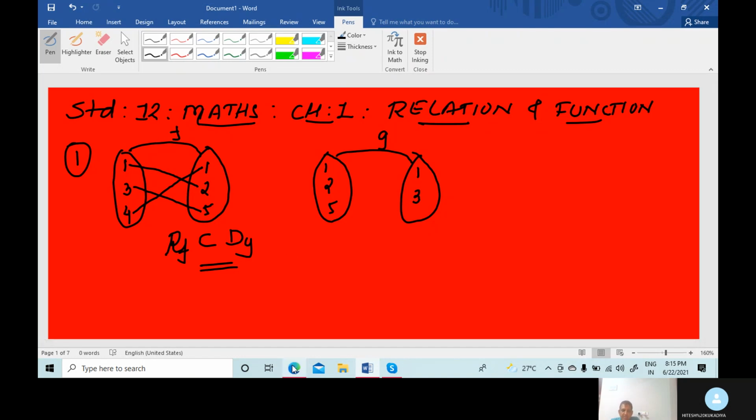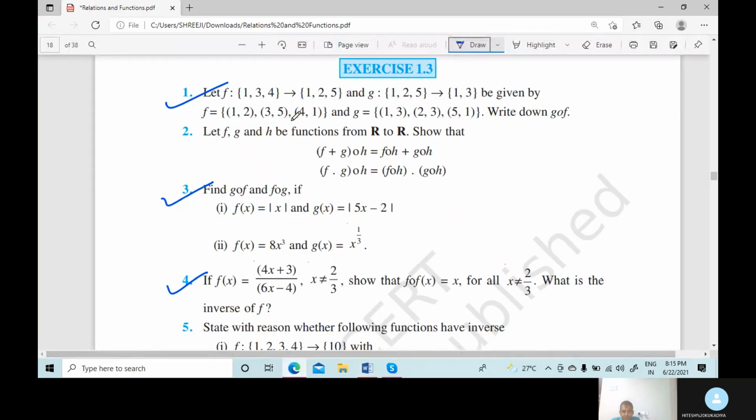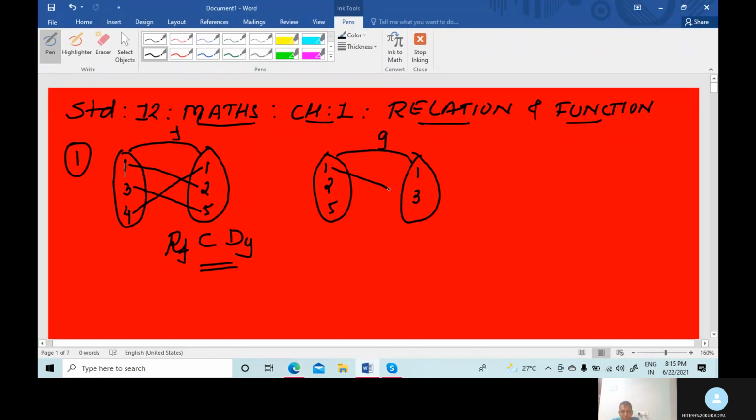Now the relation of g: 1 to 3, 2 to 3, and 5 to 1. Clear? Now for the function, the domain element is called x and our answer in function f is called f(x).